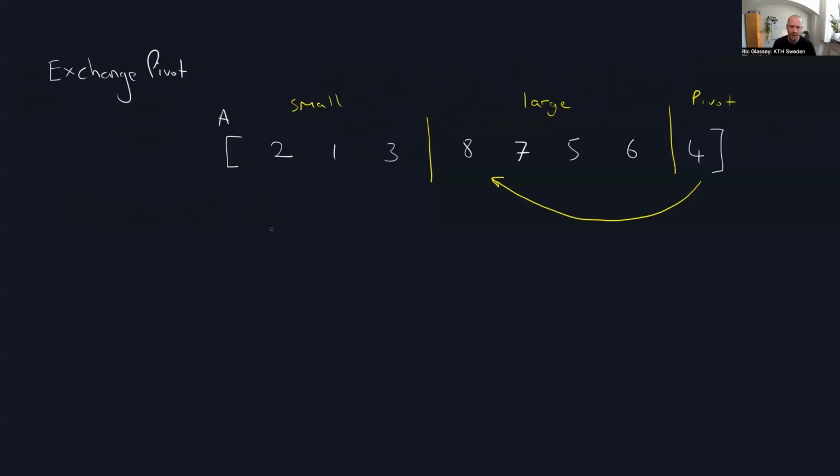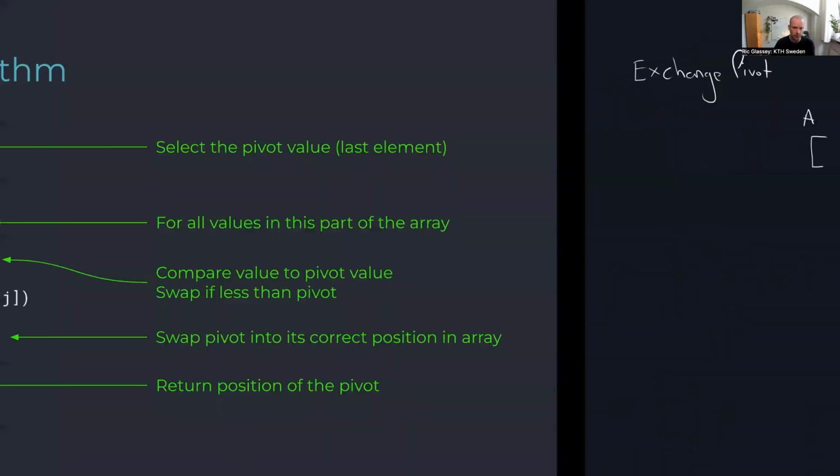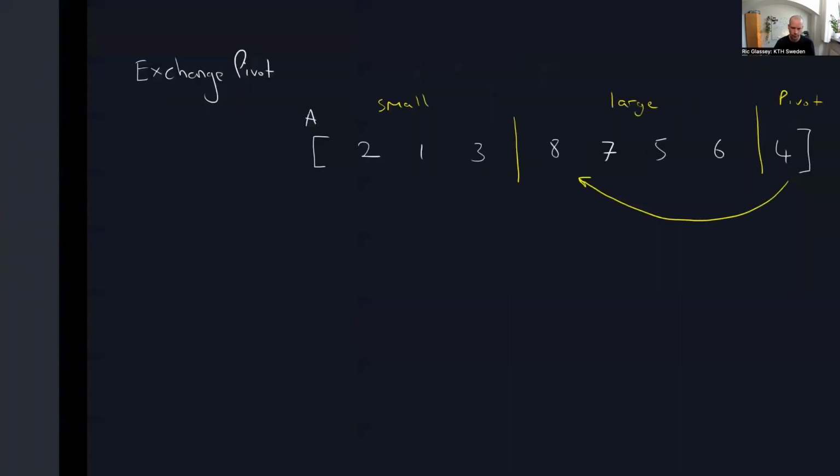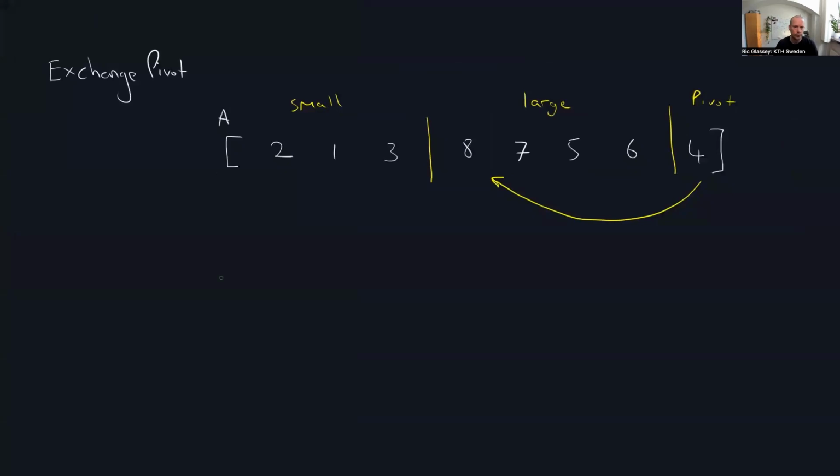Okay, so the last part of the partition algorithm, if you remember, is swap whatever I plus 1 is with the position of the pivot. Okay, go back over here. So our array will actually become 2, 1, 3.